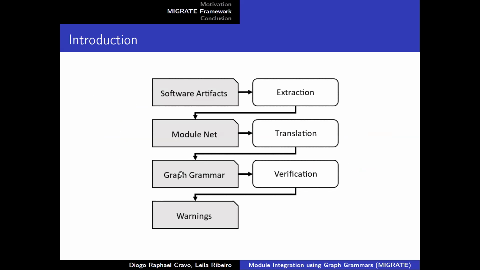So this is MIGRATE on a diagram. Here on the left-hand side, we have 4 different artifacts, which are depicted in gray boxes, and on the right-hand side, we have 3 processes, which are depicted in the white boxes. And we're going to go into each of those boxes now.